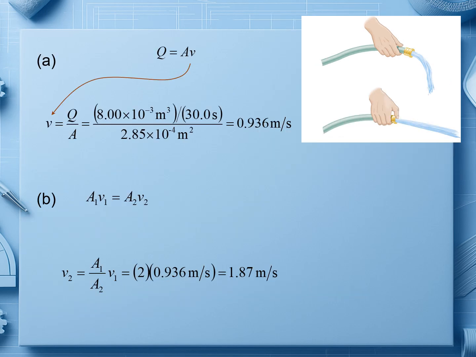Okay, so we have here the velocity of the water if the hose is unobstructed. We can see here that this speed is lesser compared to letter B, wherein the hose is obstructed with half as much as the original area.